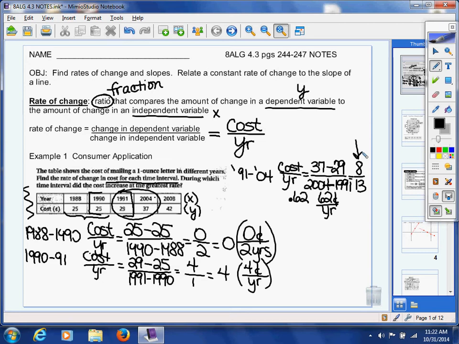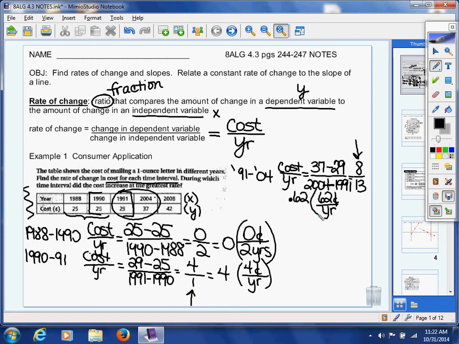So you're spreading out 8 cents over 13 years, whereas here 4 cents occurred over 1 year. So that 4 cents in 1 year is a big change. This looks big. It's really not, because it's spread out over such a big time increment. So 8 cents in 13 years just means an average of 62 cents a year, and that's not that big of a deal at all.